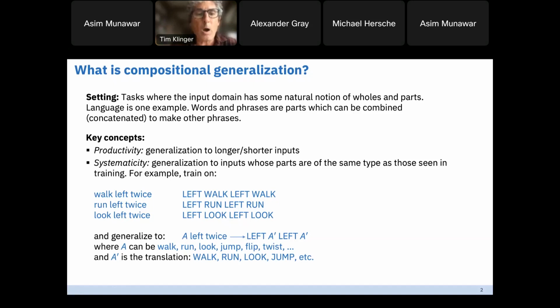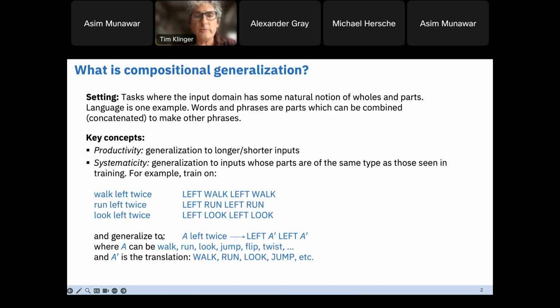So for example, walk gets translated to capital walk. So this is an abstract rule that is defined at the level of classes that we would like the model to discover so that it doesn't need to get trained on all the possible combinations of words in these classes. And interestingly, this type of problem is one that presents problems for standard neural models.